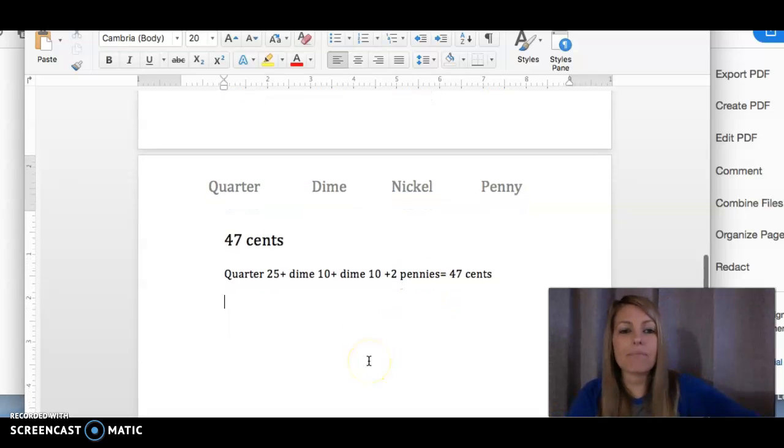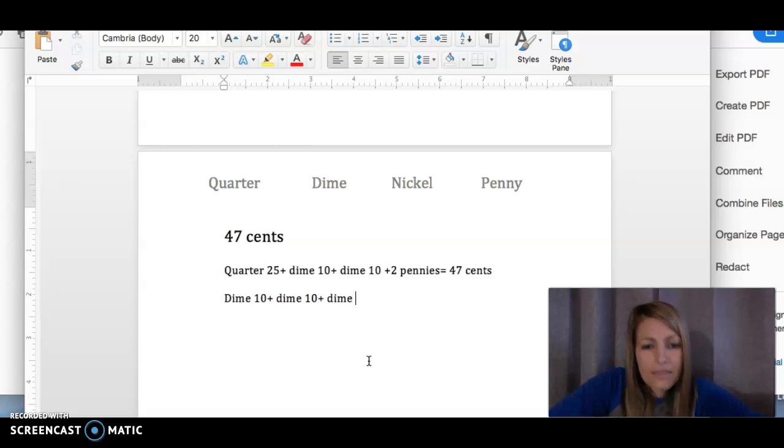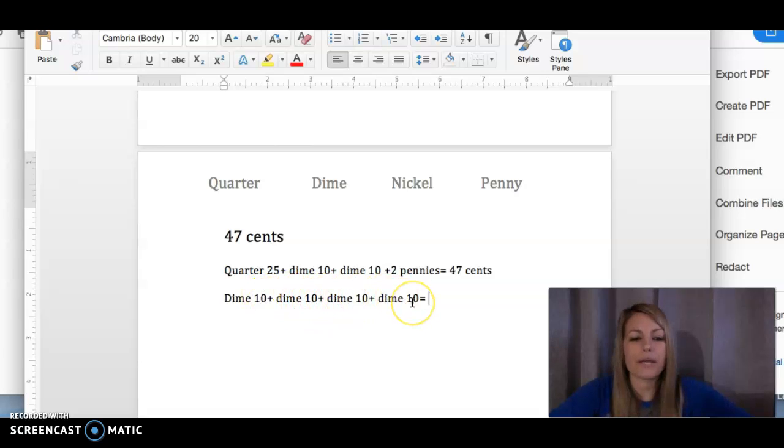How else could I build 47 cents? Well, I could take a 10-cent dime, plus another 10-cent dime, plus another 10-cent dime, plus another 10-cent dime. And I'm going to stop right there because that would equal, let's see, 10, 20, 30, 40. Okay, that would equal 40 cents, but I'm not finished just yet.